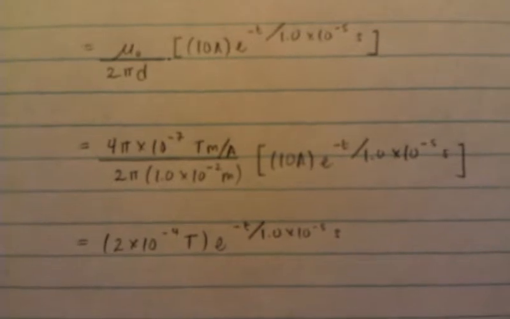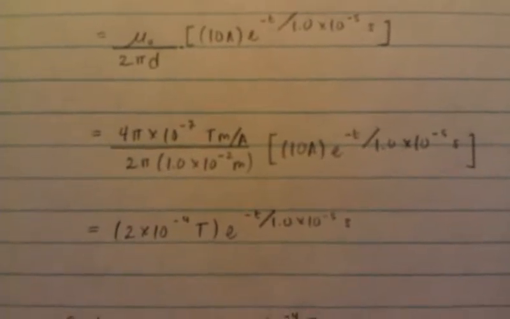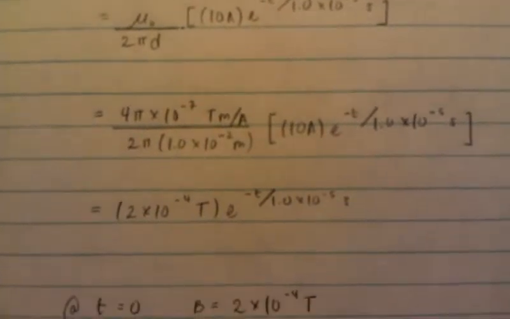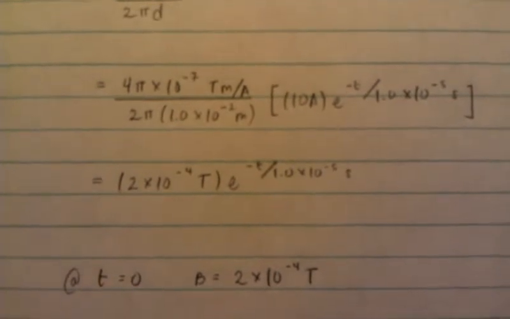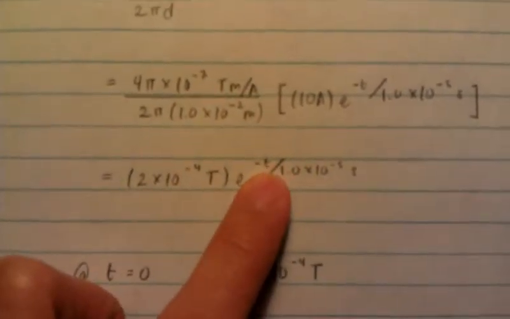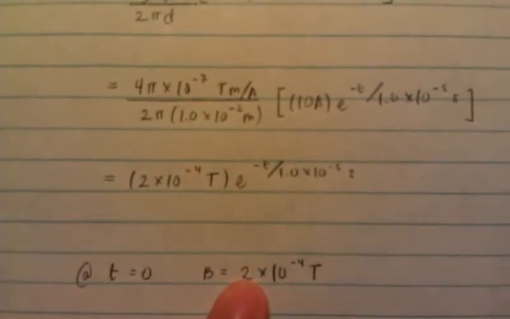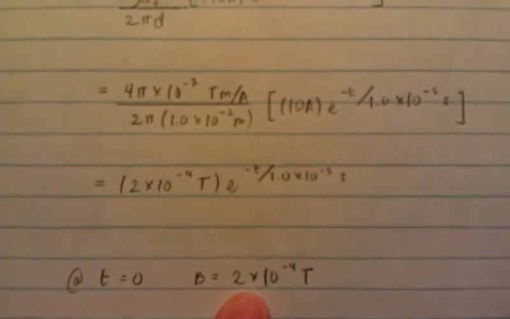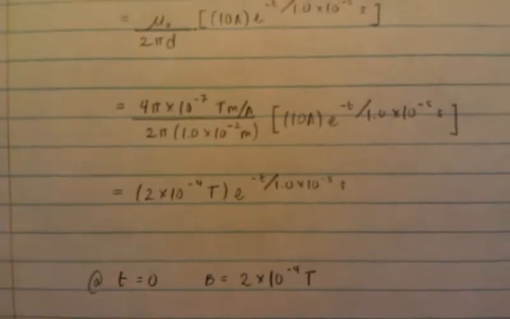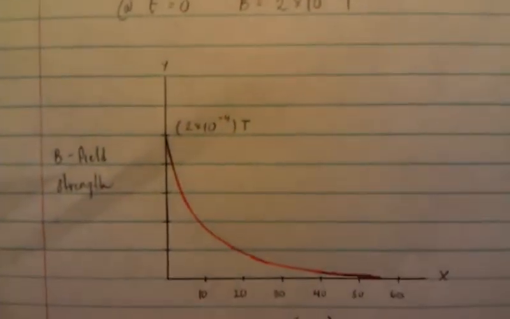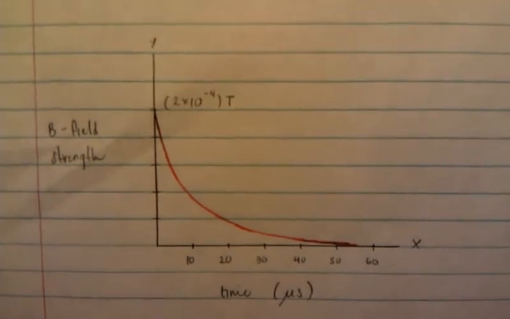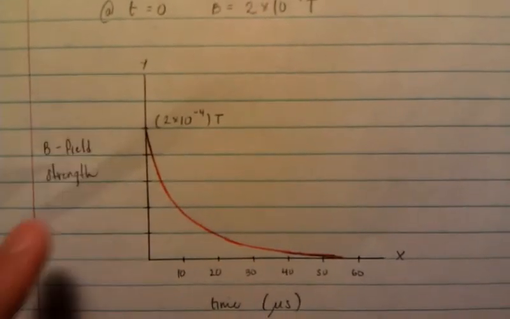And to find the magnetic field at t equals 0, we plug in 0 for t, and that'll give us e to the 0, which is 1, and that'll give us 2 times 10 to the negative 4 Tesla. And here is the graph that I was able to produce from the general equation above.